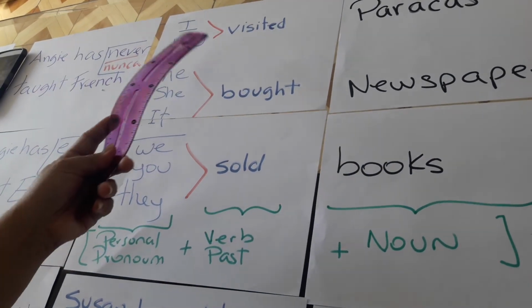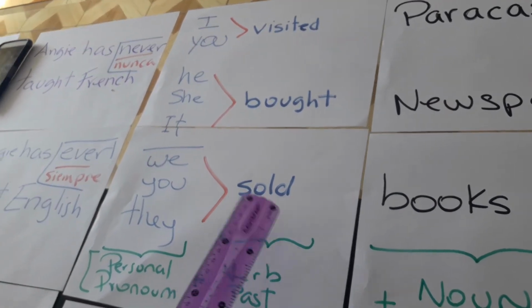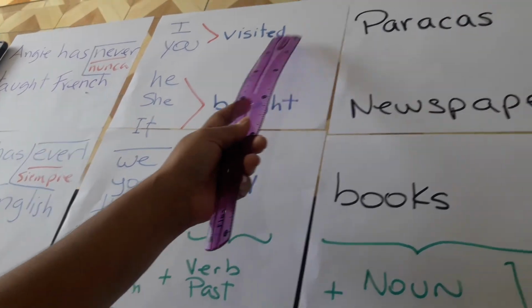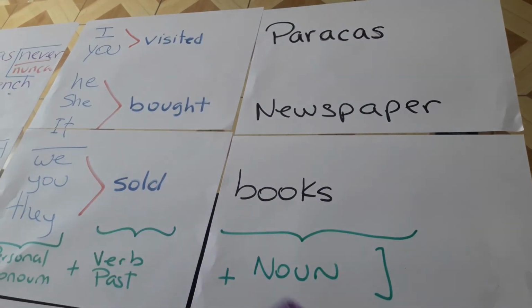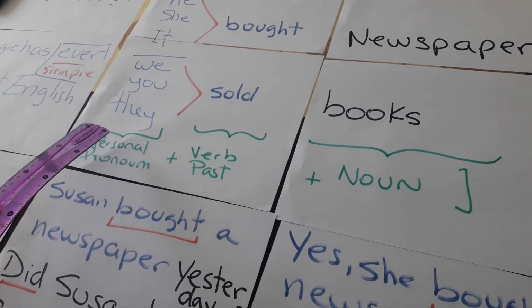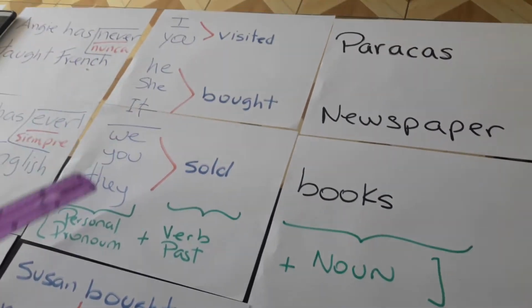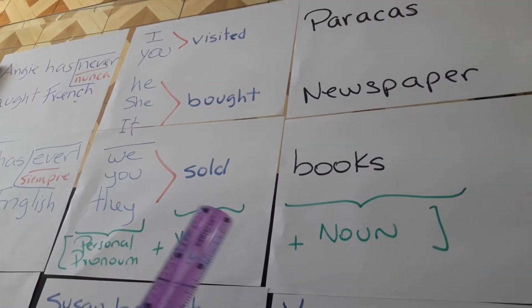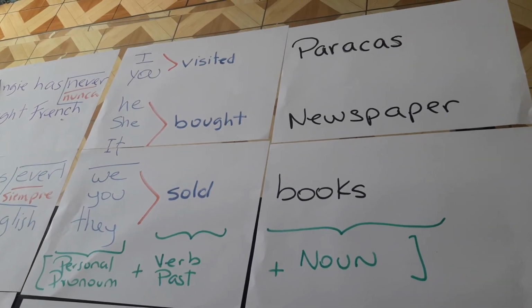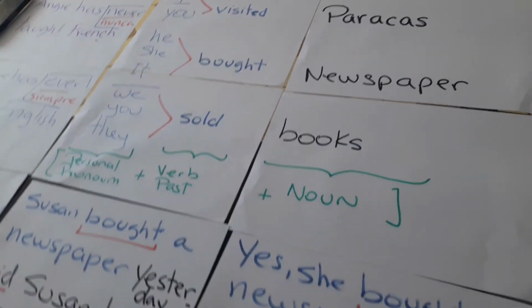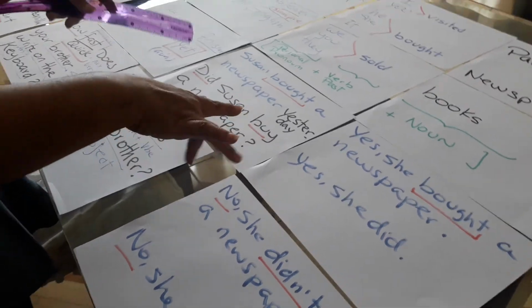We have the verbs visited, bought, sold. And we have Paracas, newspaper, and books. It's a warm up, it's a review. The personal pronoun, the verb in past, and the noun. That is the part that we have to use in that situation, and I have more examples here.